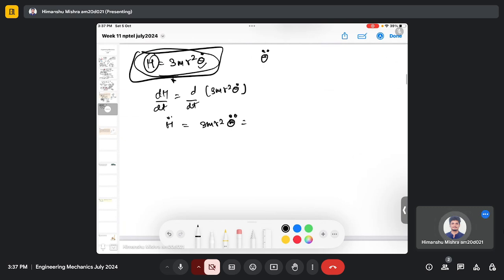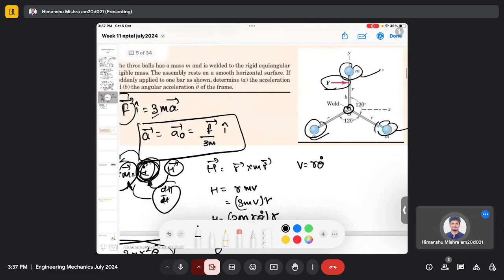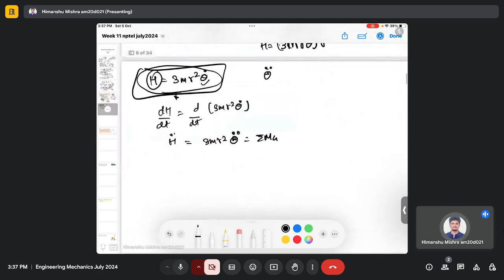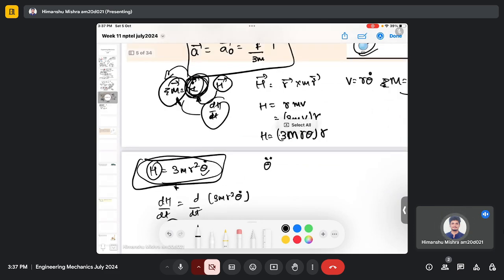Here h dot is equal to the summation of moments at point G. You can see that only one force is acting, and therefore there will be a moment due to this force, and the perpendicular distance is b. So the summation of moment will be Fb, because only one force is acting and it has a perpendicular distance b from point O. The summation of moments equals the rate of change of angular momentum, which we discussed briefly in the beginning of the class.